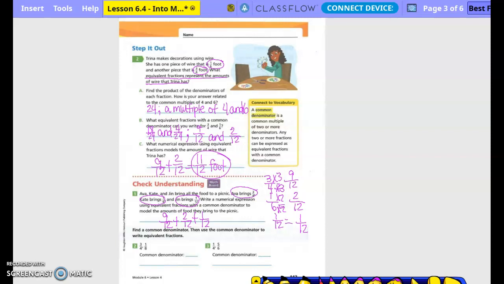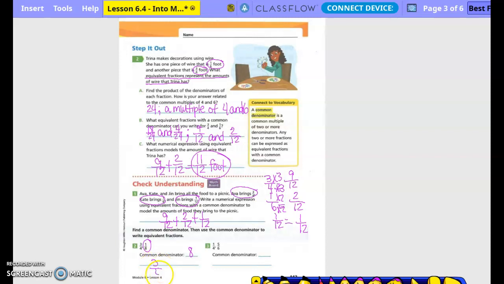Okay. Find a common denominator. Then use the common denominator to write equivalent fractions. So what is our least common multiple for 4 and 8? 8. Okay. So do we have to change both of those? No. Which one can we just keep? 1/8. So there's already one of our answers, correct? Okay, but I do need to change the 3/4.